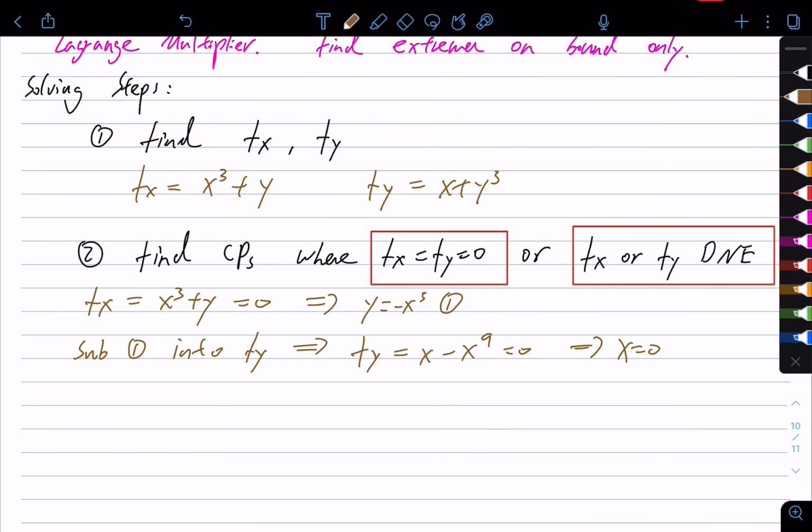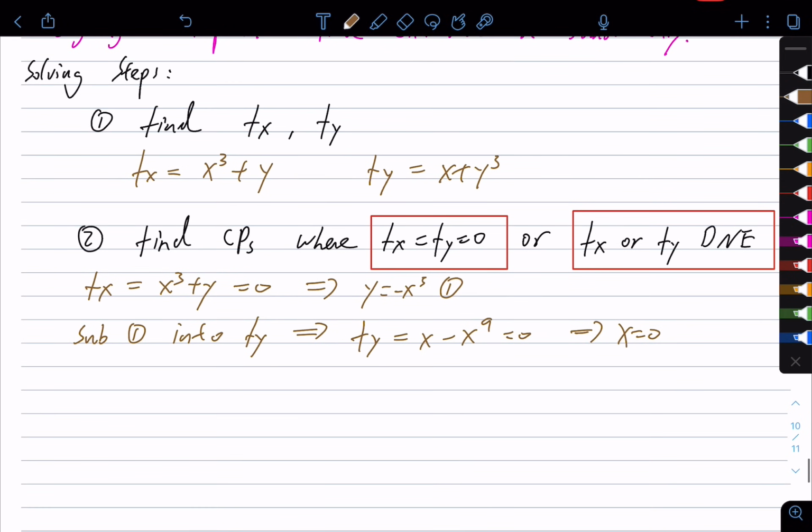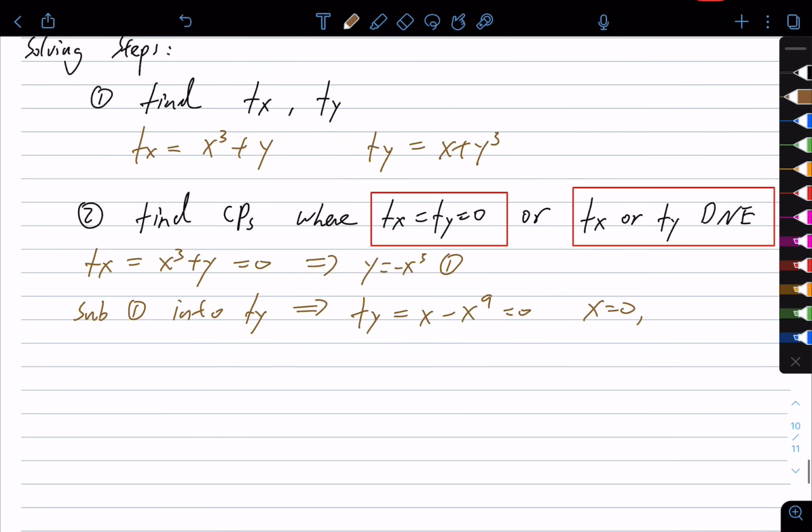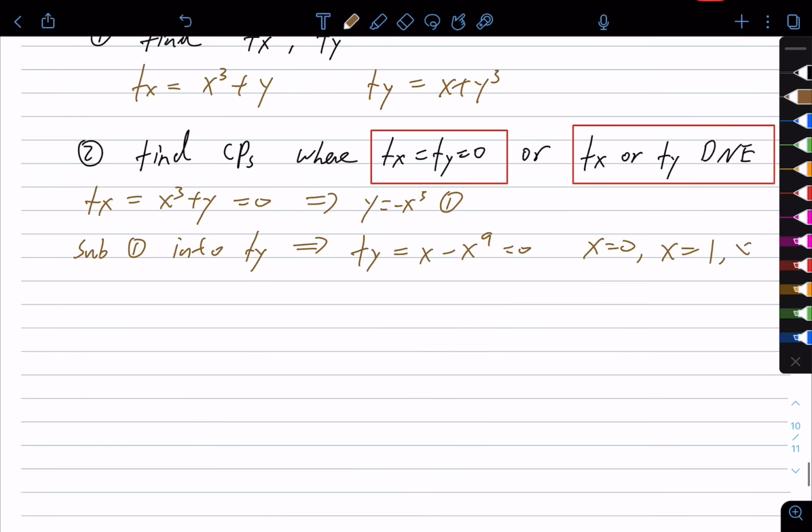x equals 0, right? 0, 0. We also have, oh, never mind, disregard what I just said. We're still going to proceed with the substitution method. We're going to arrive at x equals 0, x equals 1, x equals negative 1.